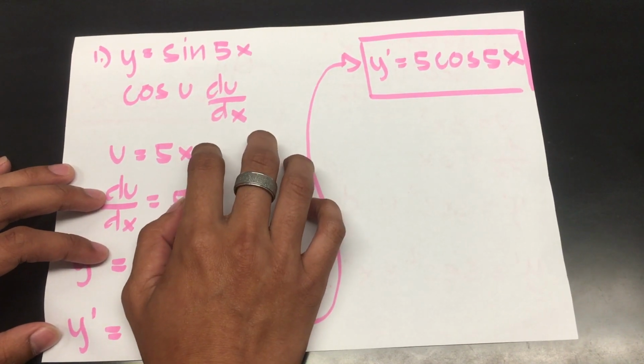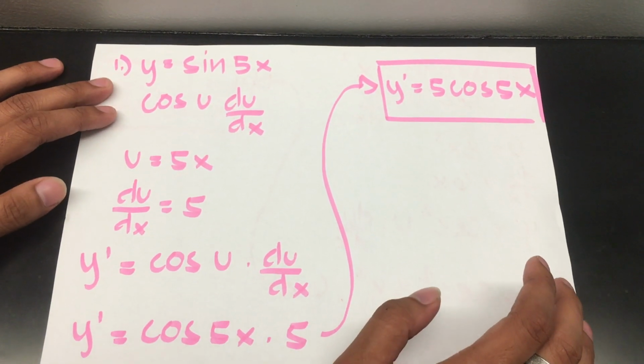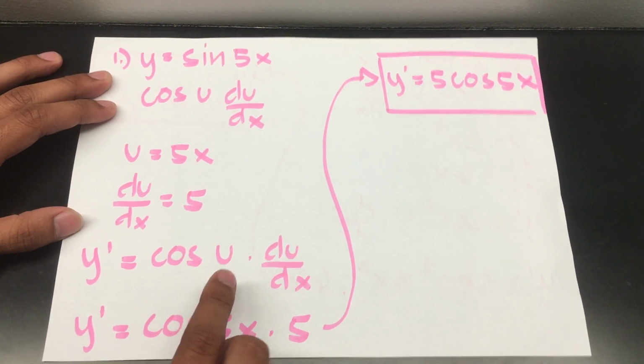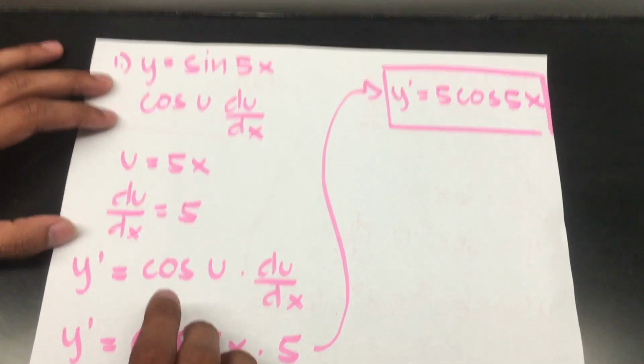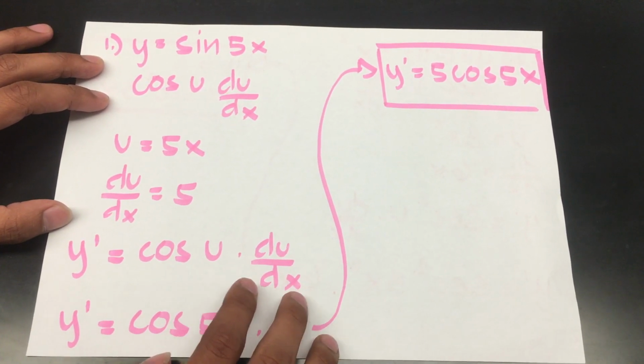With respect to x, the derivative of 5x is 5. After taking the derivative of sine, which is cos, you plug in the derivative of 5x, which is 5. So it becomes cos 5x times 5.